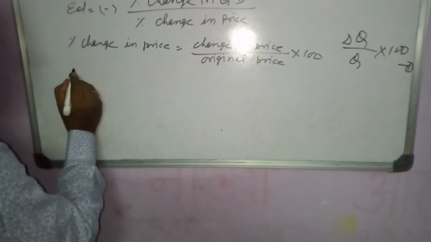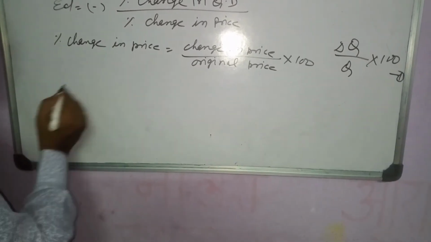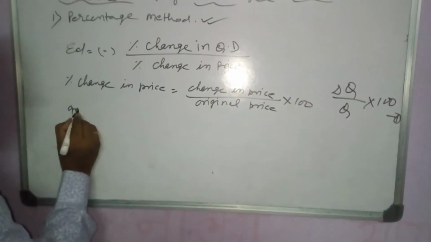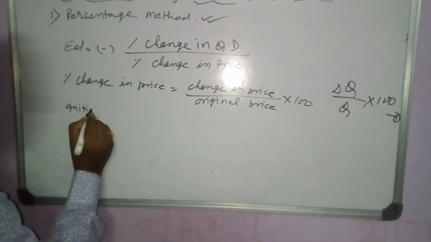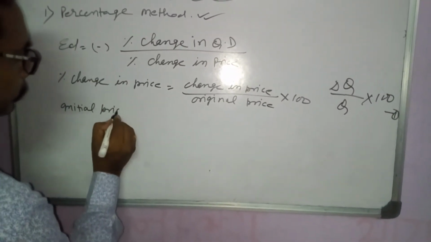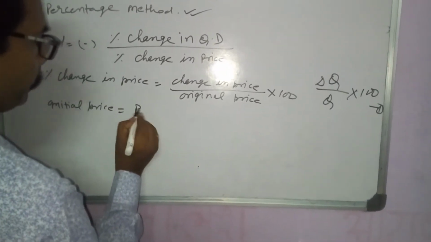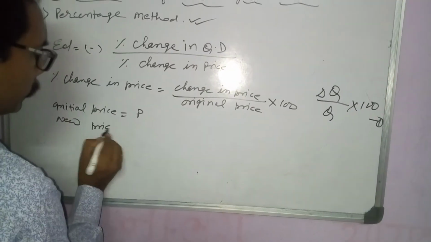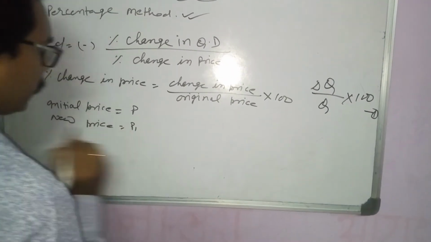Change in price is denoted by delta P. The original or initial price is equal to P, the new price is equal to P1.